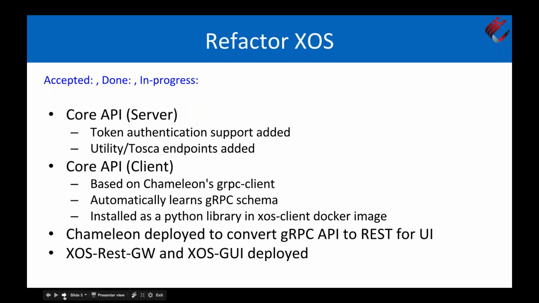We finished deploying Chameleon. I think Mateo's now using Chameleon for the REST endpoints for the UI, so that's coming along well. We've also deployed the XOS REST Gateway and XOS GUI components using the new build system.